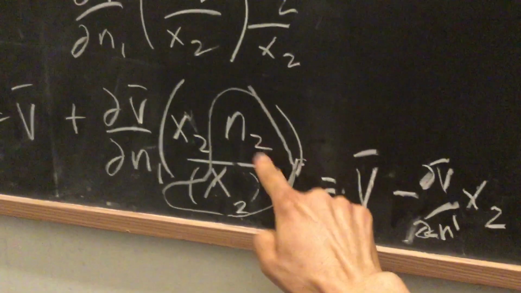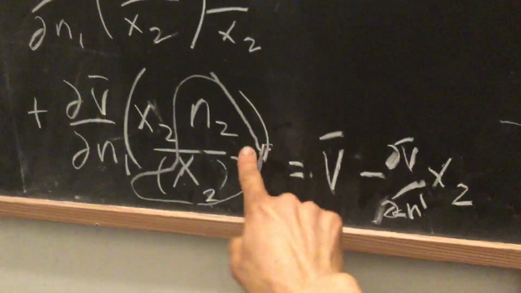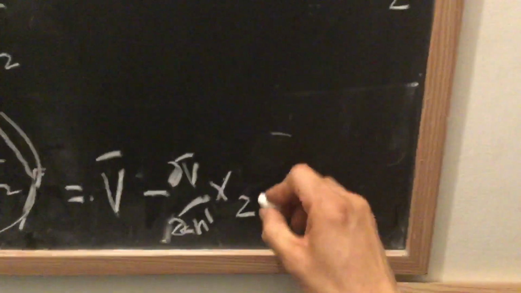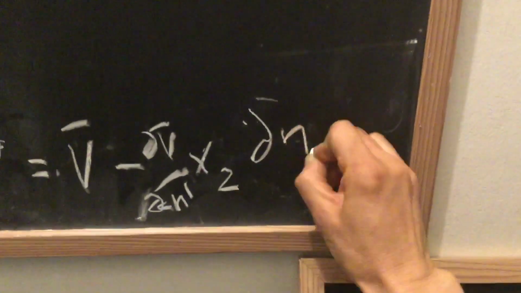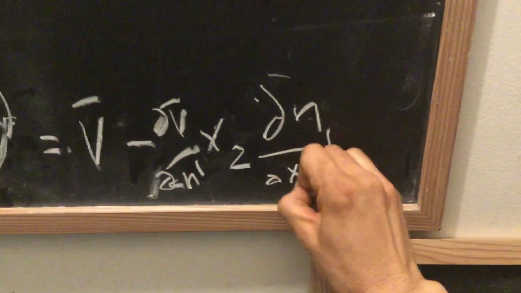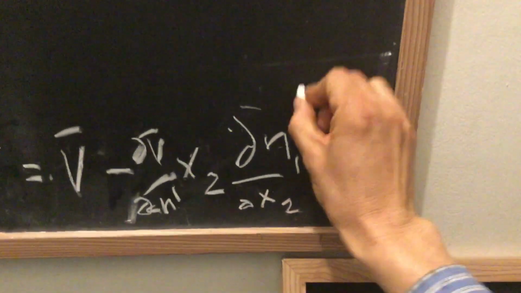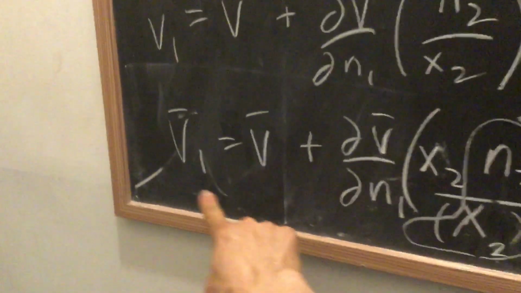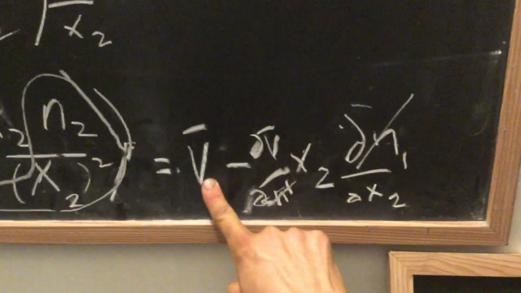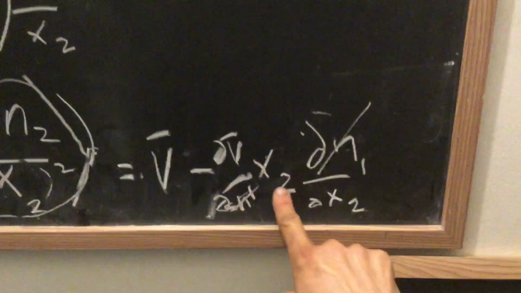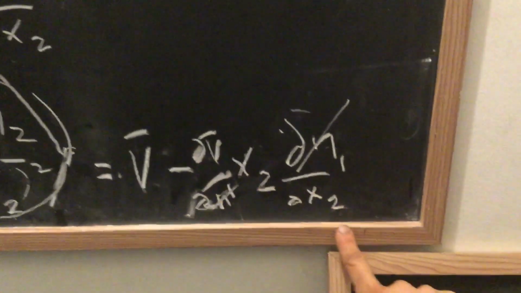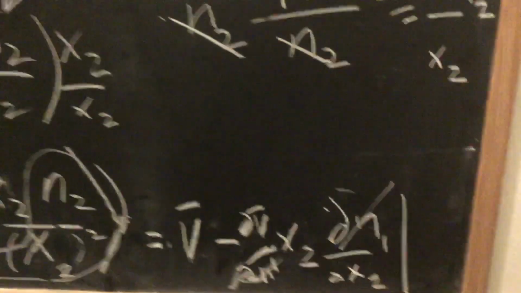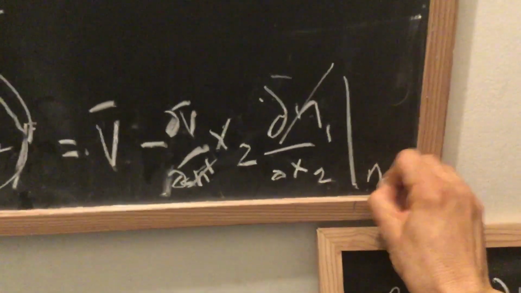And then this here is nothing more than dN1 over dX2. So these cancel, and I get V1 bar is equal to V bar minus X2 times dV bar dX2 at constant, whatever the constant thing was. It was N2, at constant N2. Okay, bye-bye.